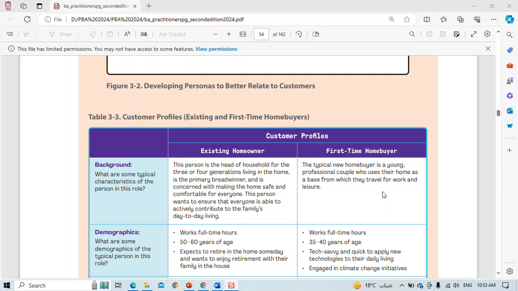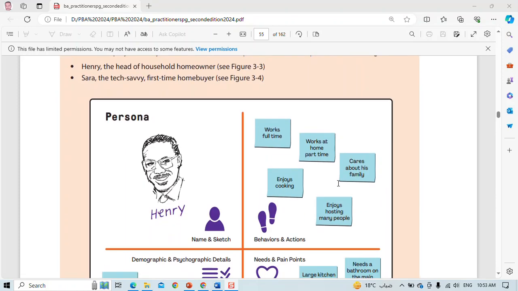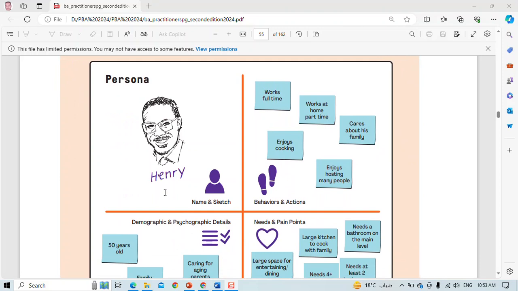So how can we illustrate these two categories, existing homeowner and first-time home buyer, as personas? Let's go to C. We will assume Henry is the head of household, the existing homeowner, and we will assume Sarah is the first-time homeowner lead.